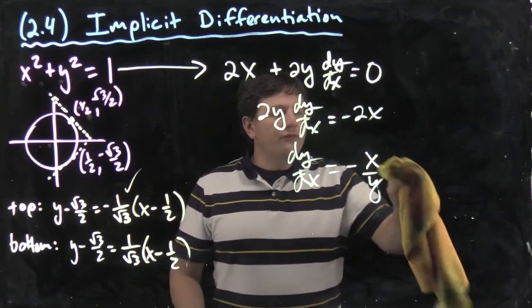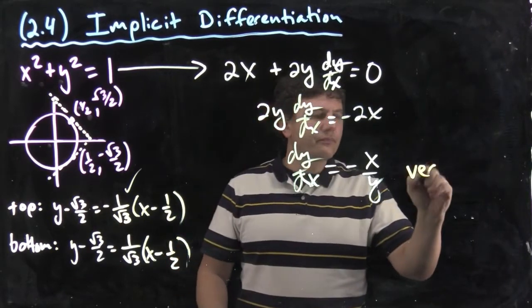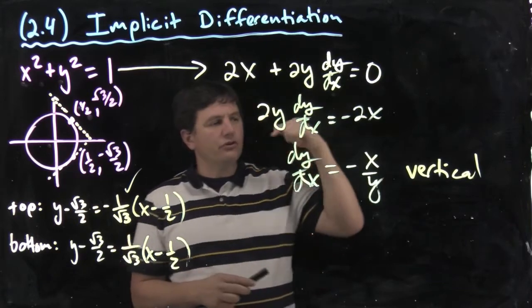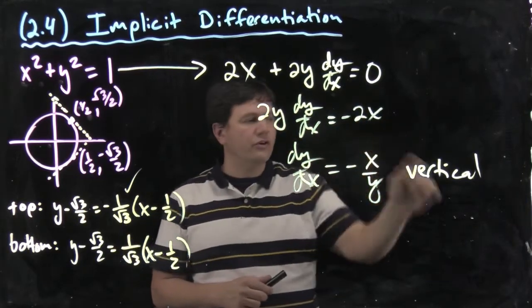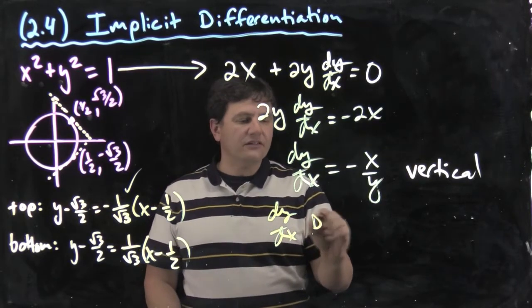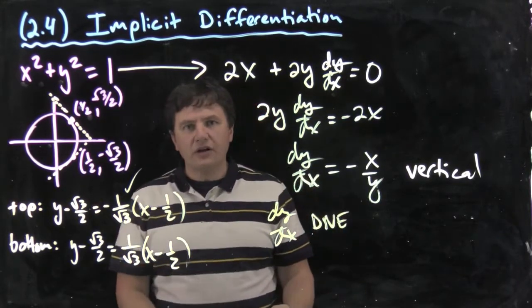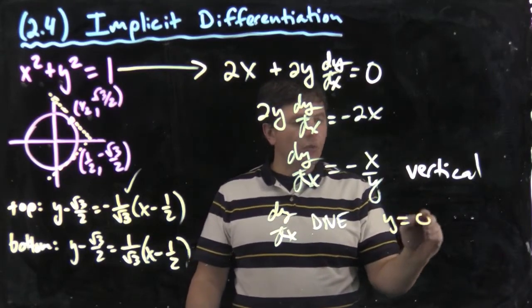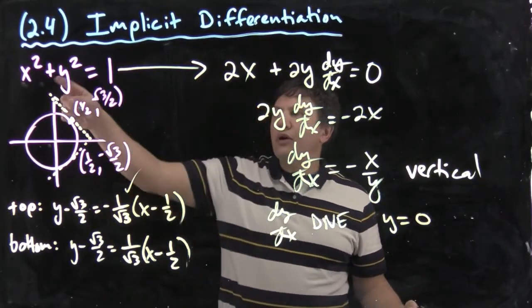Okay, so if we have a vertical, and you're going to see these mixed in, so just a refresher, horizontal would be the numerator 0. Vertical means dy over dx does not exist. And we talked about that when we talked about differentiability. Why would this not exist? Because y is equal to 0. And now we play the same game again.